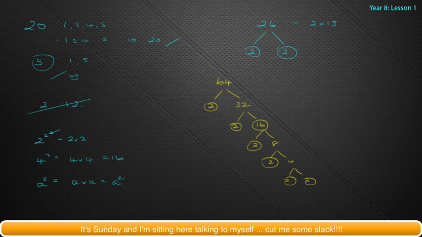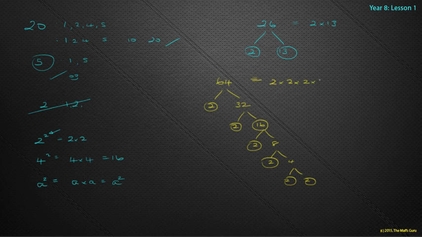Okay? So that means 64 can be written exactly as 2 times 2 times 2 times 2 times 2 times 2. Why? Because we've got 1, 2, 3, 4, 5, 6. And if the question wanted us to write it in index form, what on earth is index form?